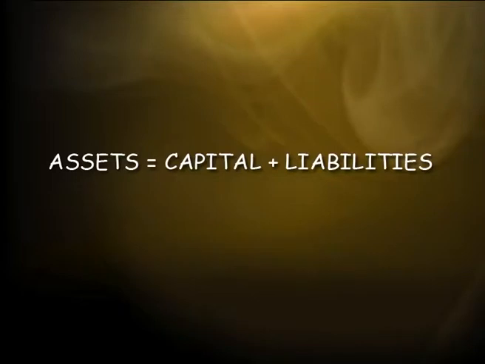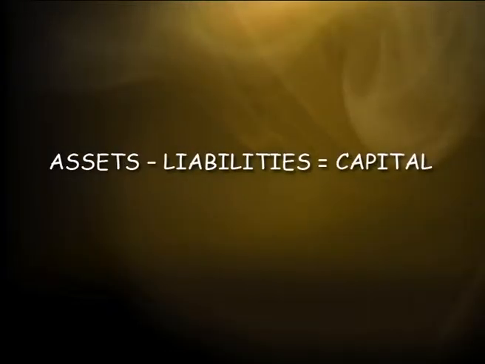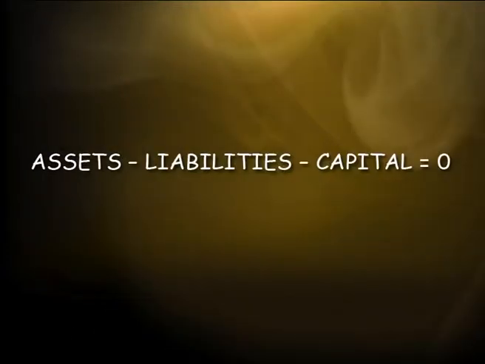We also know that all the liabilities can be classified as internal liabilities and external liabilities. So, this equation can also be written as assets is equal to capital plus liabilities, or assets minus capital is equal to liabilities, or assets minus liabilities is equal to capital, or assets minus liabilities minus capital shall be 0.